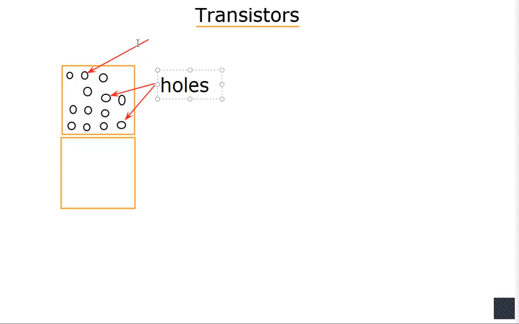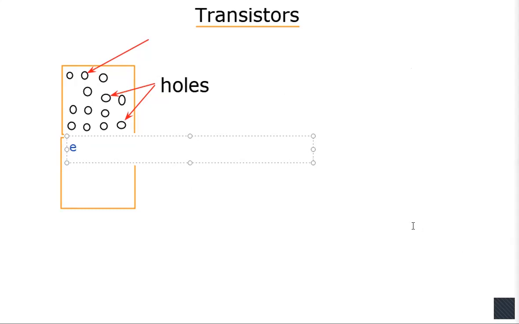No problem, right? Now, here, this is an n semiconductor. So if it is an n semiconductor, there will be many free electrons.